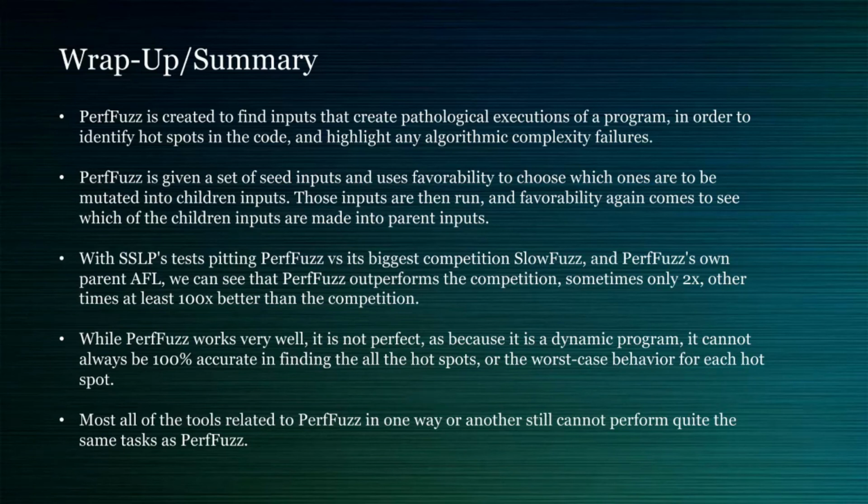PerfFuzz is given a set of seed inputs and uses favorability to choose which ones are to be mutated into children inputs. Those inputs are then run, and favorability again comes in to see which of the inputs are made into parent inputs. This cycle will run, with the execution of inputs and mutation of inputs, until the time limit is reached.